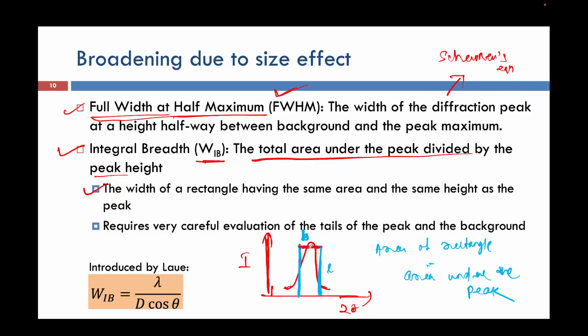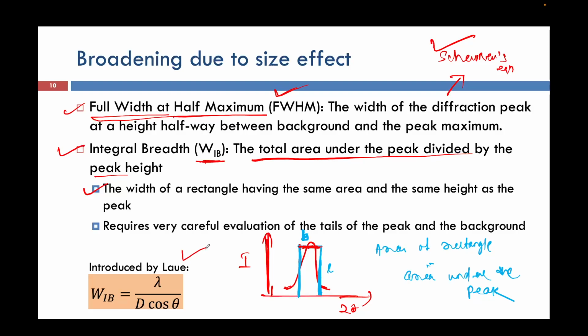Okay, however this requires very careful attention, because if you calculate a little bit wrong area, then the integral breadth will give a much larger error than full width half maximum. And here the full width half maximum has been given by Scherrer, and this WIB, the integral breadth, is given by Laue.